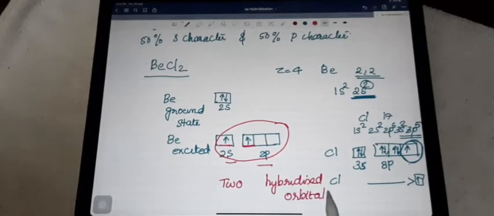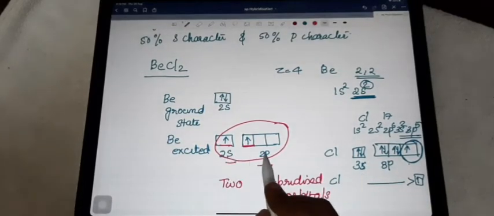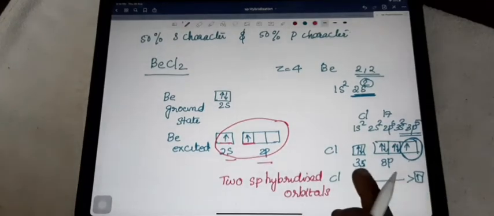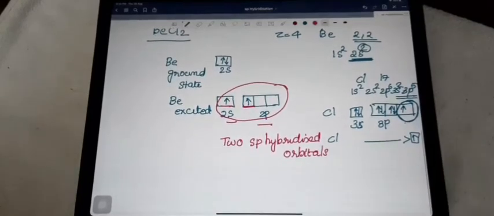Can you say now? It is easy. Which orbitals joined? The name is nothing more than that. So here s and p are joined, so 2 sp hybridized orbitals are formed. Both of these sp hybridized orbitals have the same character.